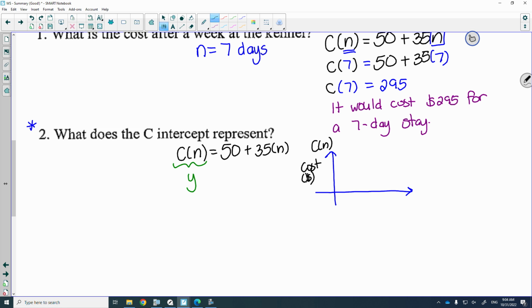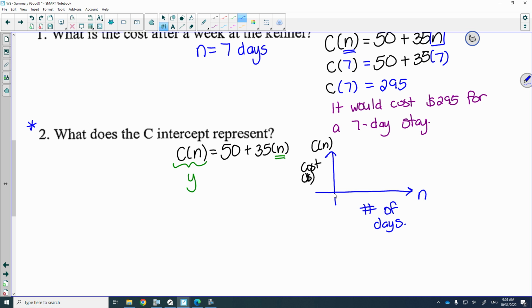Okay, and we know that x would be over here, so N would be here. That's where the x-axis is, and that's the number of days. Okay, so it says, what does the c-intercept represent?